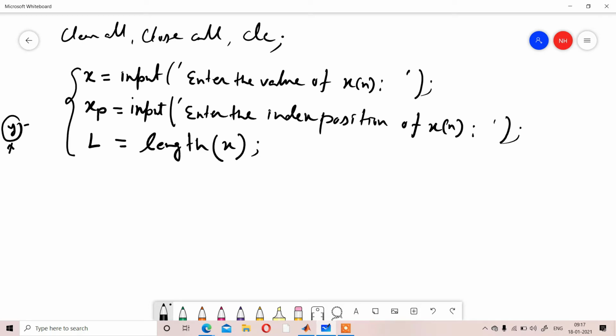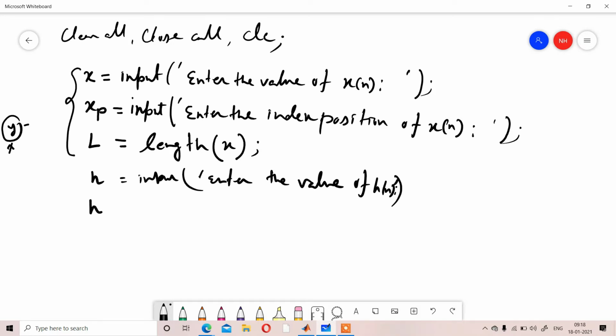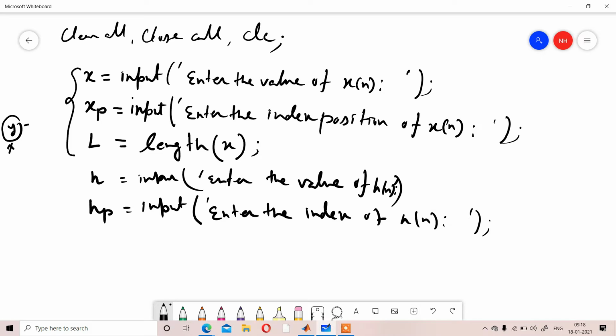Similarly, you need to consider the three parameters for h. So for h also, you will write h equal to input, enter the value of hn, hp equal to input, enter the index of hn, which will show the index position, and m, that will be the length of h.